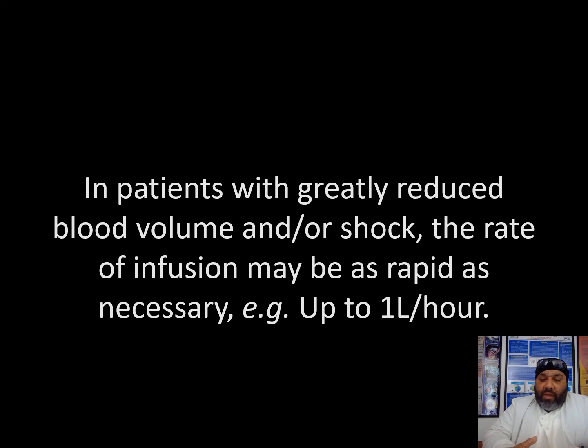And so what health professionals on the frontline do is ensure that patients are infused as quickly as possible to replenish those red cells that are being lost through blood loss and hemorrhage, for example.